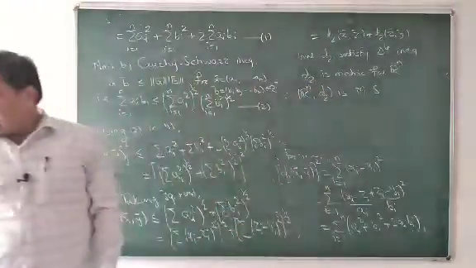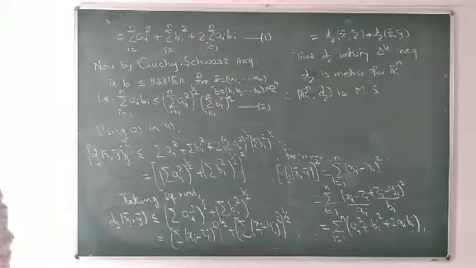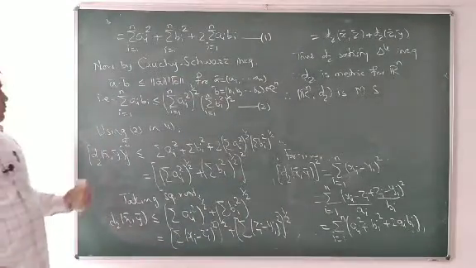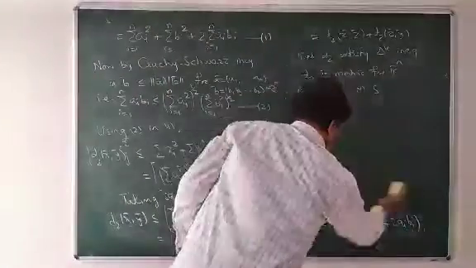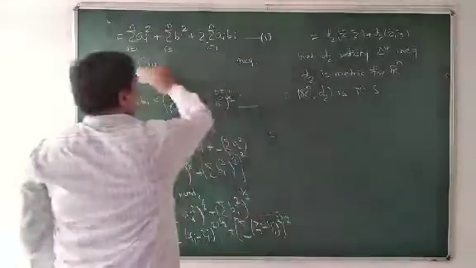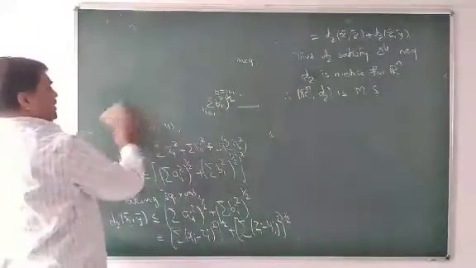This is the second metric we defined for Rn. Now we'll define one more metric for Rn, which is the third metric.